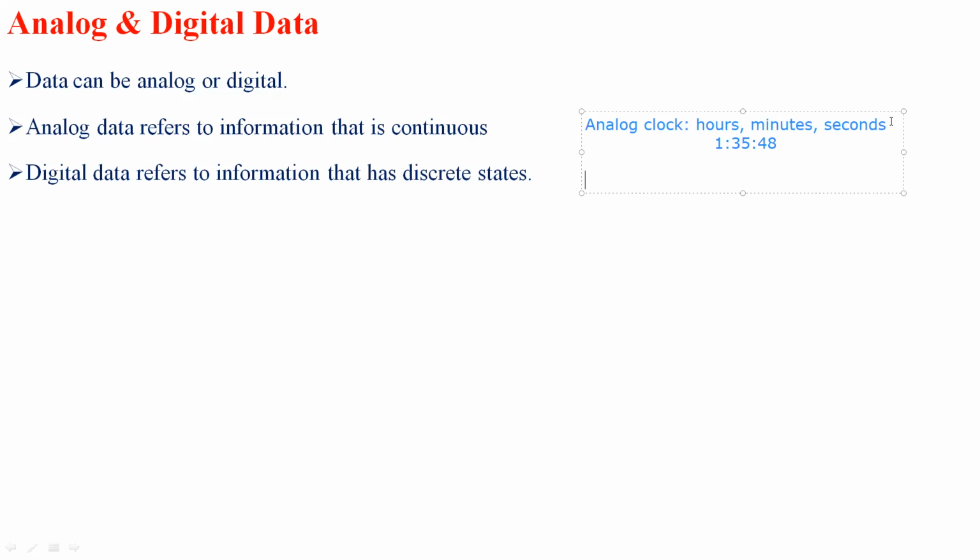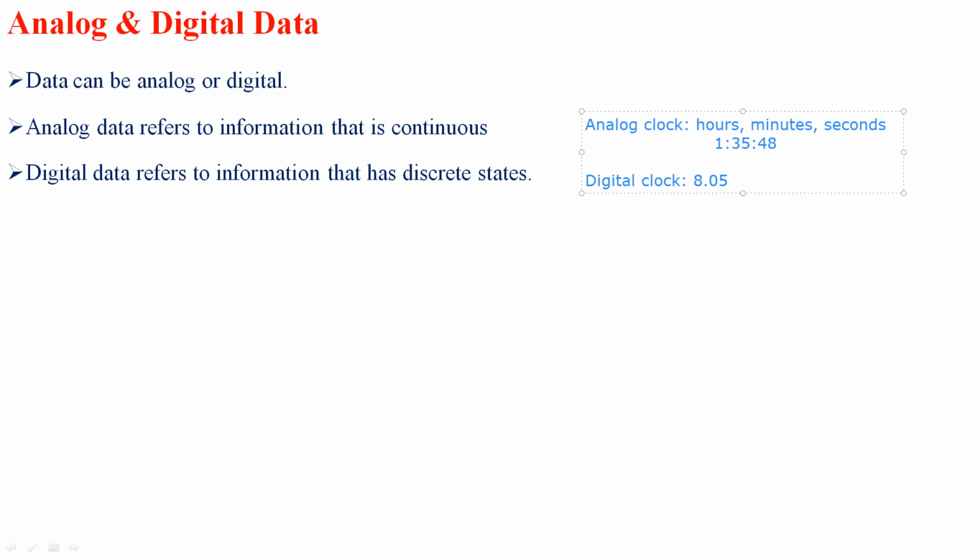Coming to digital data, let's take the example of a digital clock. You have observed that a digital clock reports the hours and minutes. Let's say it is 8 o'clock, 5 minutes.